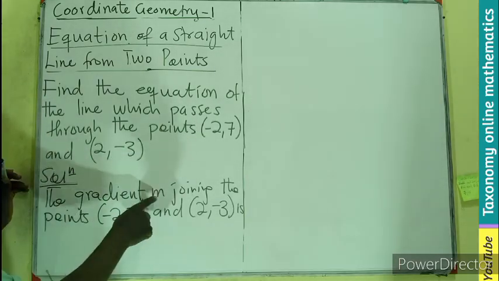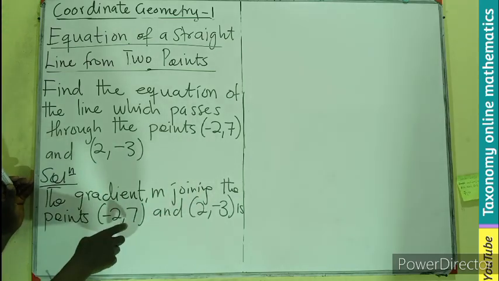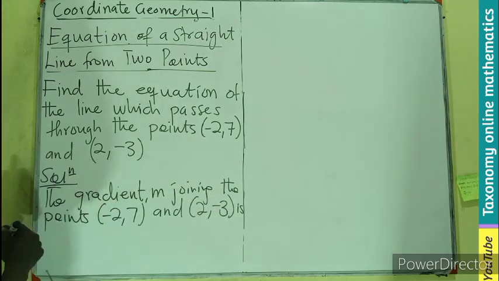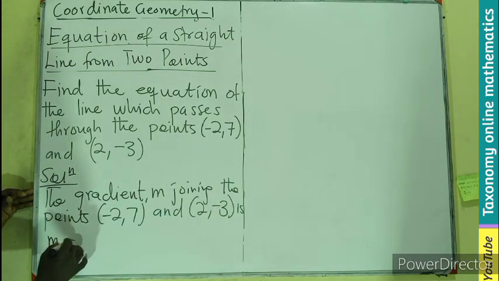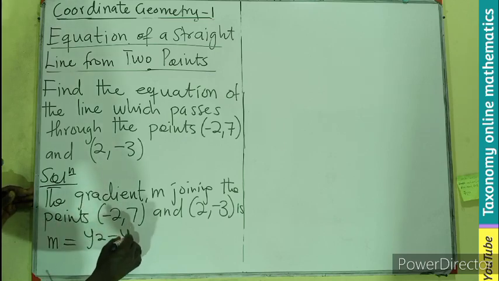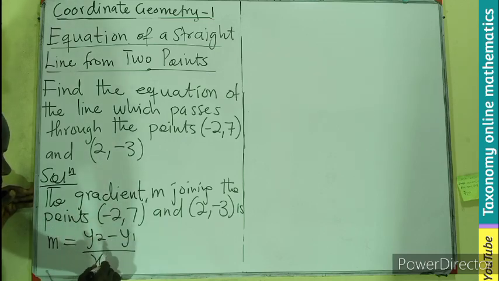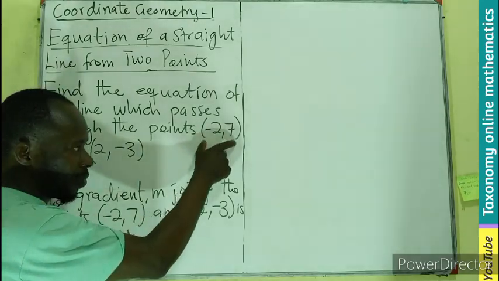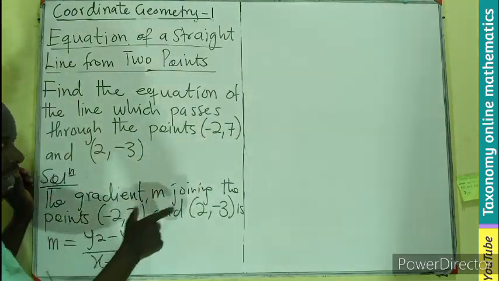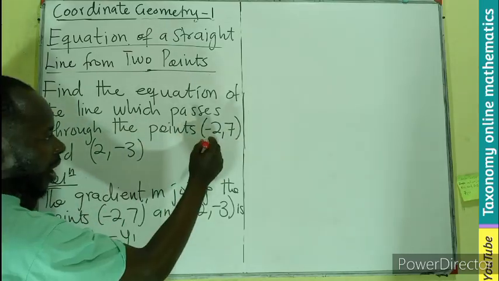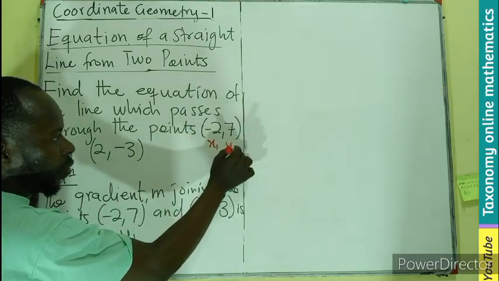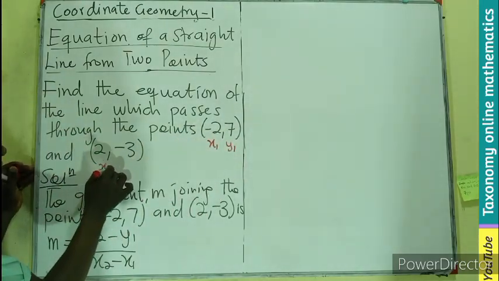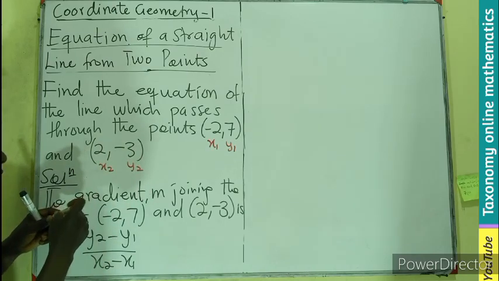So the gradient m joining the points together is going to be m equals y2 minus y1 over x2 minus x1. This is the first point, this is our x1, y1, and this is our x2, y2.